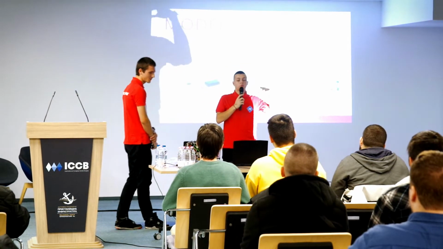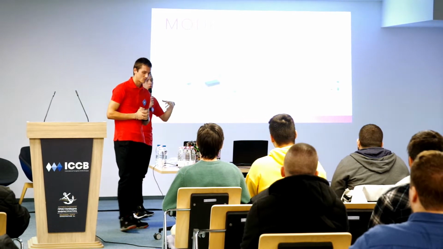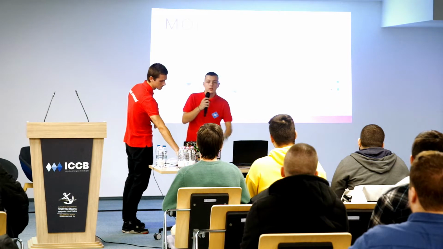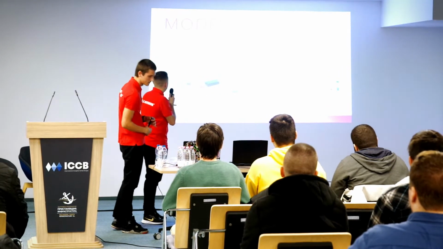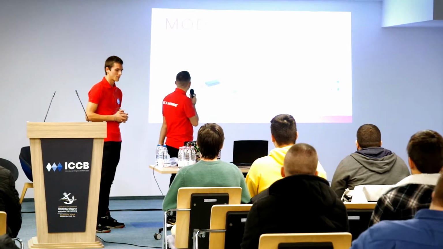So, to get the object we want to print, we first need to make a model or take one from the internet. There are a lot of free libraries online. You can go and check for the libraries.